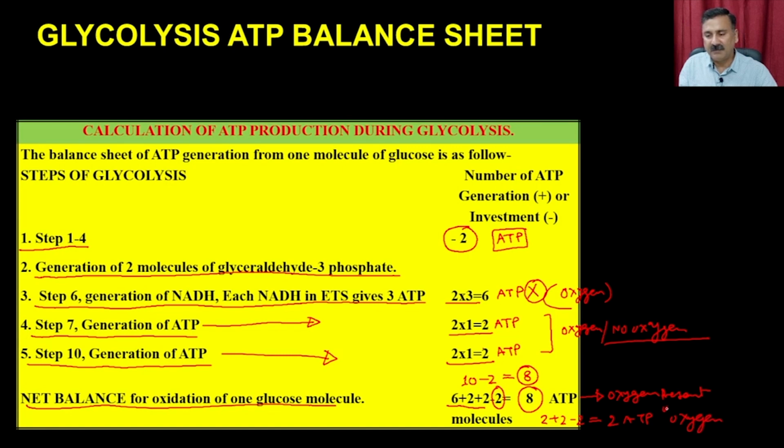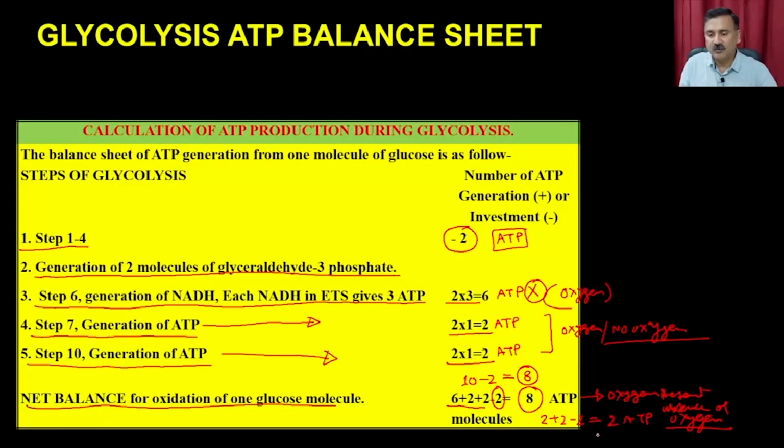So if the bacteria is under aerobic oxidation, it is going to produce 8 molecules of ATP. But if the bacteria is under anaerobic oxidation, it is going to produce only 2 molecules of ATP. This means it is just going to produce a very small amount of energy so that it is going to survive for some time.